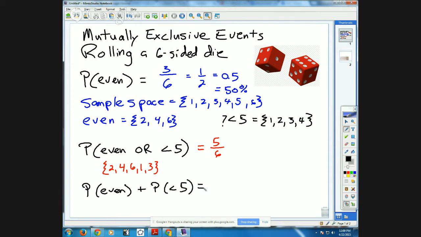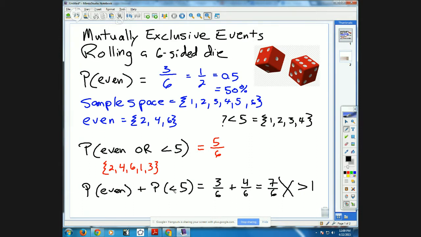You're probably already seeing the problem with that. An even number is 3 out of 6. A number less than 5 is 4 out of 6. And if I try to combine those, I get 7 out of 6, which is impossible because it's greater than 1. Probabilities cannot be greater than 1. They can be 1 at most, so something's wrong here.